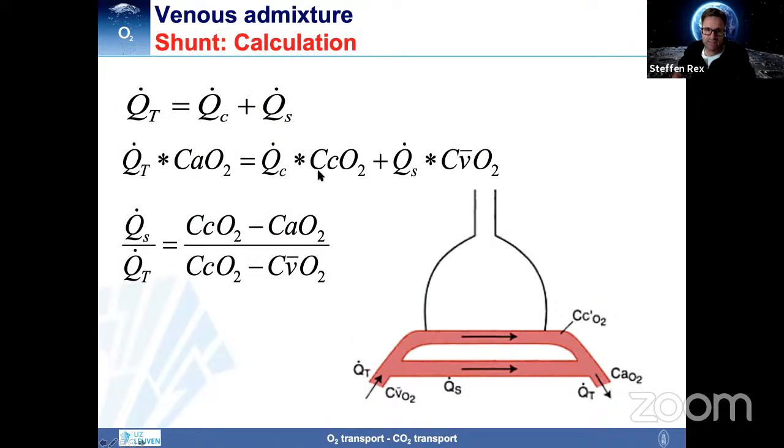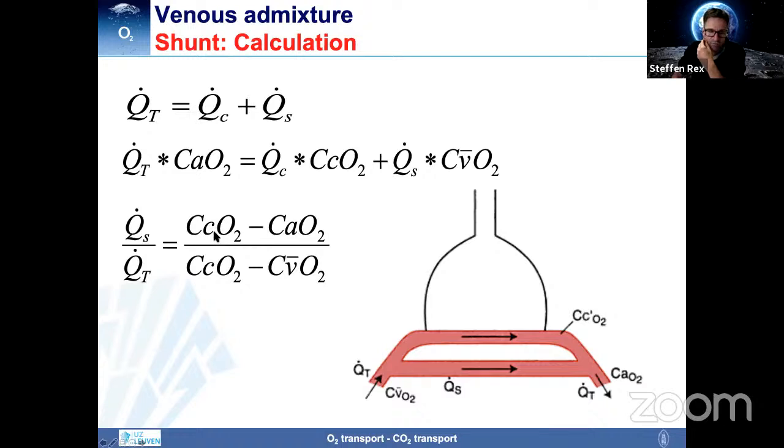And then it's just mass preservation. The oxygen content comes into action, and then you can, by measuring the oxygen content in the artery, in the pulmonary artery, and in the lung capillaries, calculate the shunt fraction.